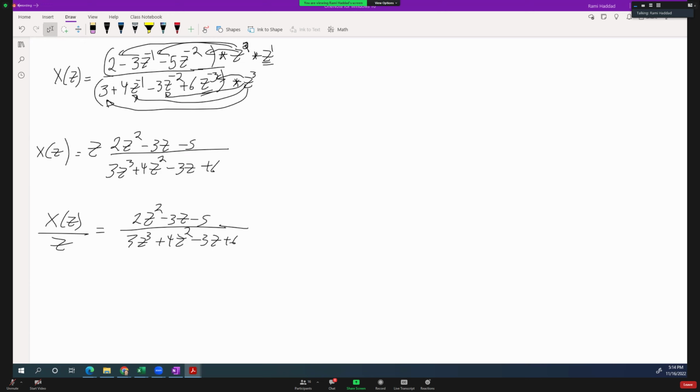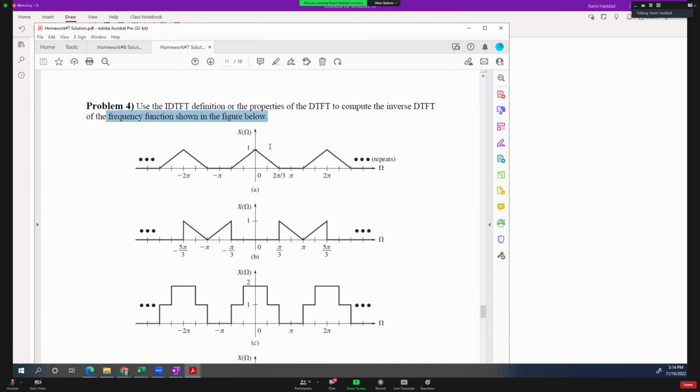But the whole idea is that if you have a function that looks like this here, and you're asked to use the inverse DTFT definition or the properties of DTFT to compute the inverse of the frequency function shown in the figures below.